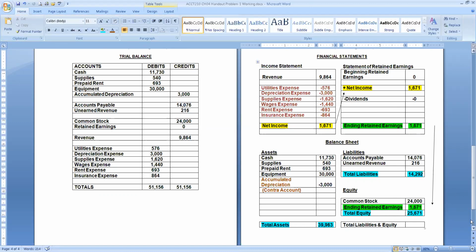Okay, so these two together, let's try that again. 14,2 plus 5,6,7, 39,693.